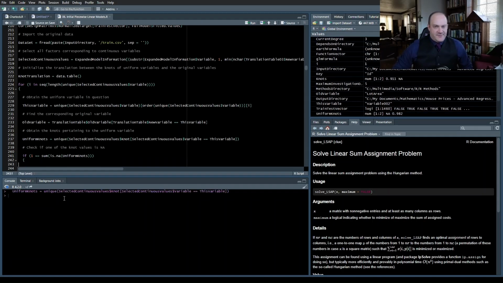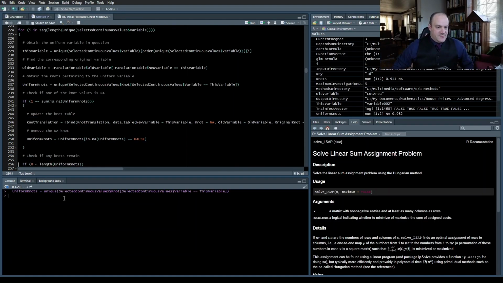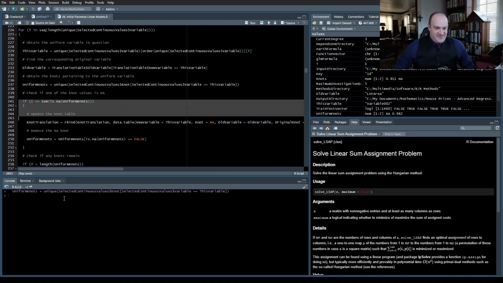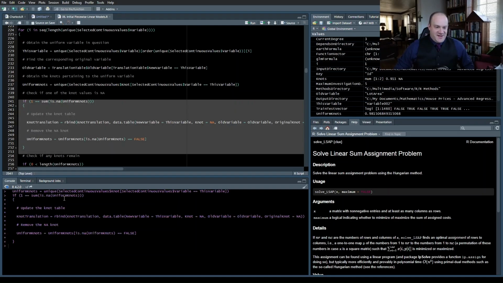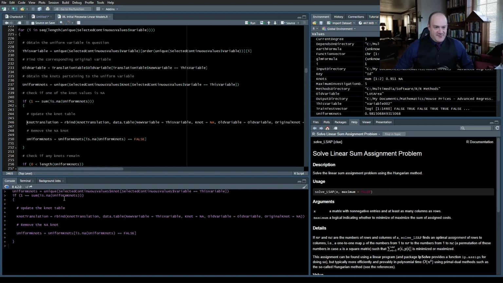So get our knots, and of course NA means that the term just enters in linearly, right? So we're going to check to see if one of the knots is in fact NA, which it is. Okay, so now we've updated the knot translation table. And so what you can see here is exactly what I was saying: here's the transformed variable, here's the knot.